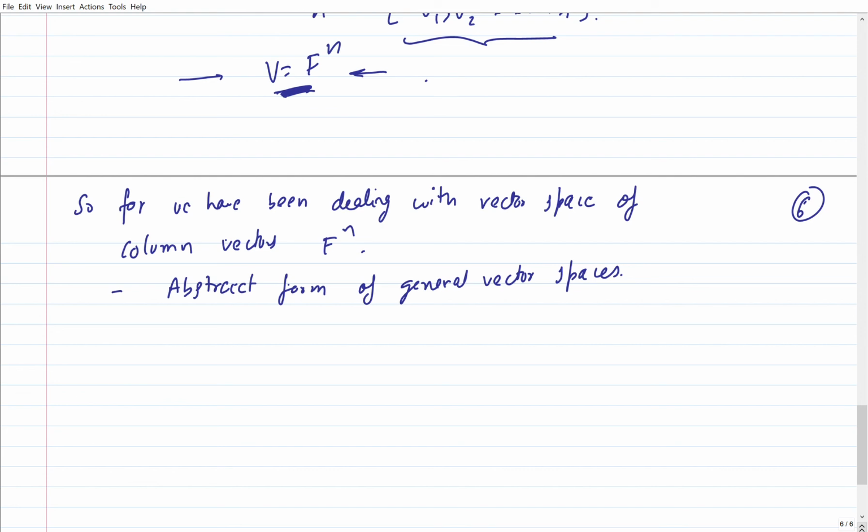So here we consider an ordered set of vectors. Now notice they are not column vectors necessarily. They are just an ordered set of some vectors v1, v2, vn.